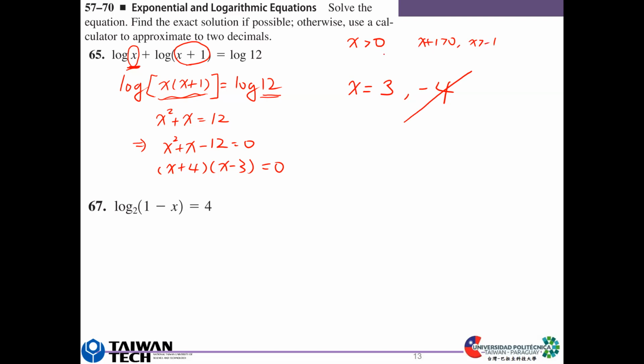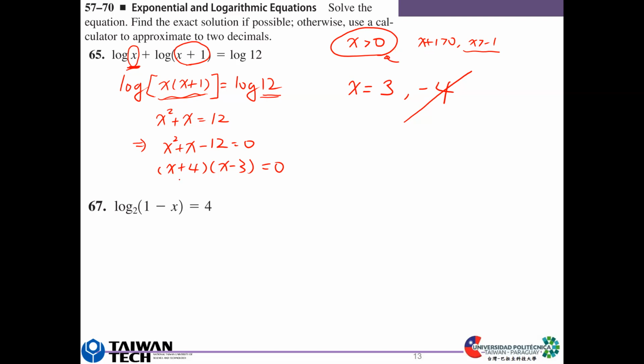But we need x larger than 0. Because if x is larger than 0, it automatically satisfies x larger than minus 1. Okay, so we put this as our constraint.